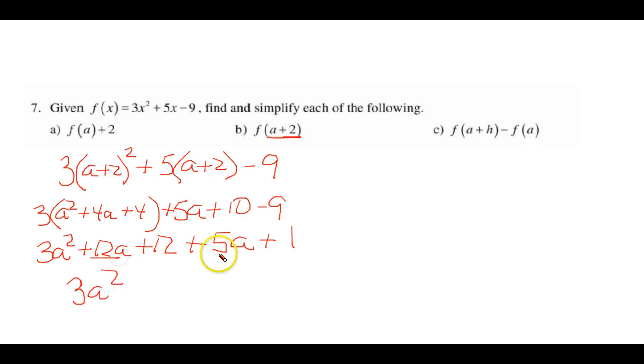We have this and this that are like terms, plus 17a, and then adding a 12 and a 1 gives us a 13. So again, understanding the process, we are substituting a plus 2 where the x is, and that's just what we've done.